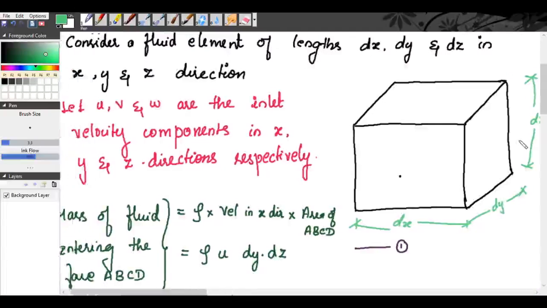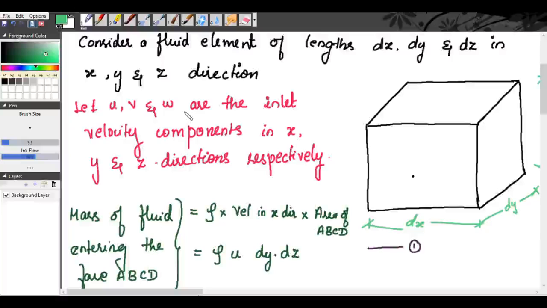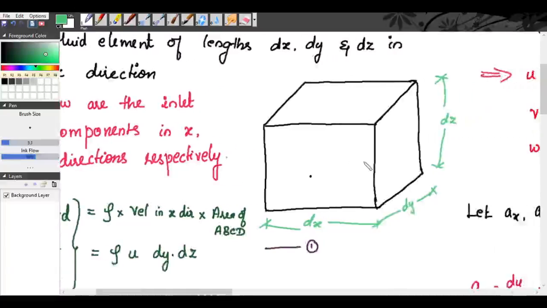Now let u, v and w be the inlet velocity components in x, y and z directions respectively. So we will mark the directions. This is our x direction, this is our y direction, and this is our z direction.